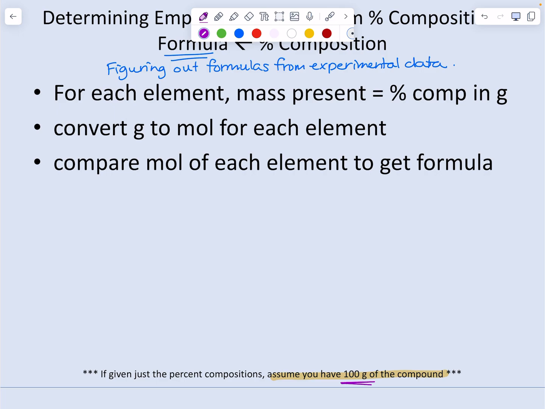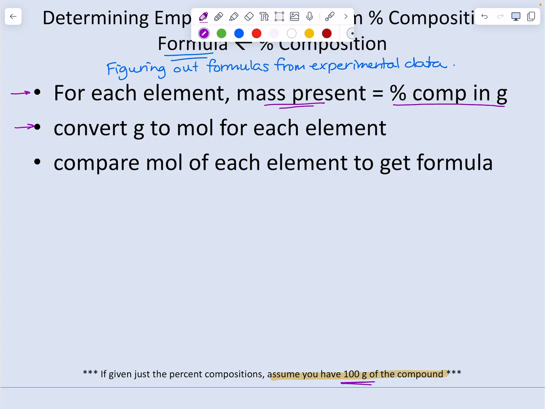All right, so for each element, if we're given the percent composition, the percent composition in grams is going to be equal to how much of that element's mass is there. Then, if we're figuring out a formula, a formula tells us the number of atoms of each element in the compound.